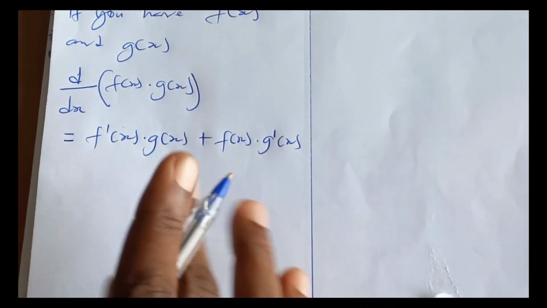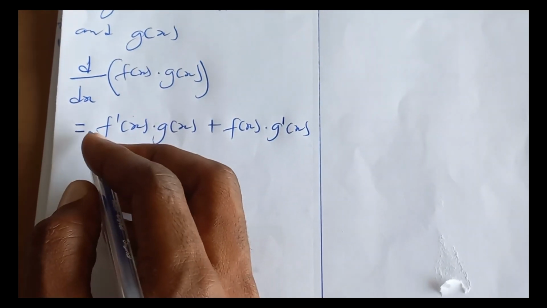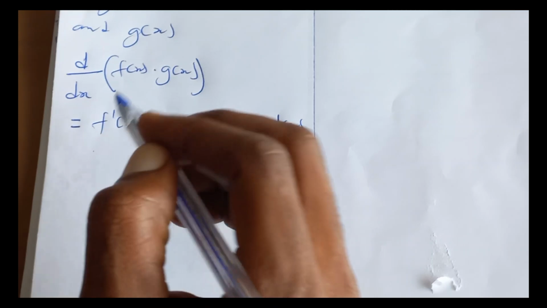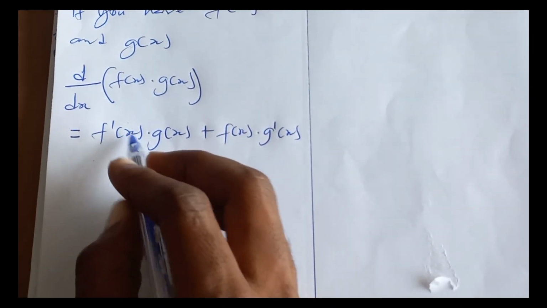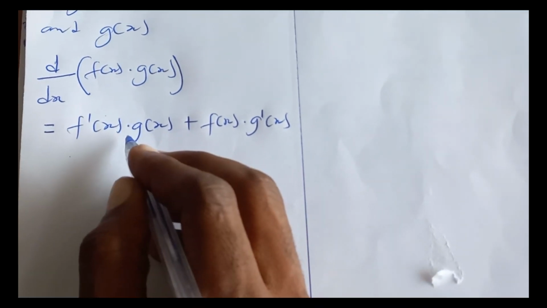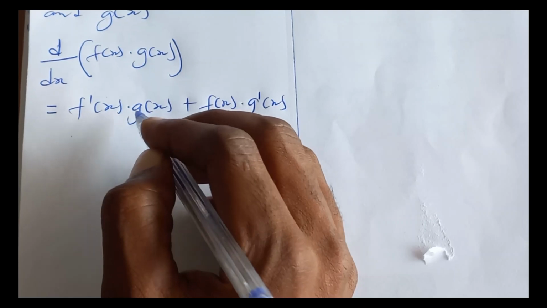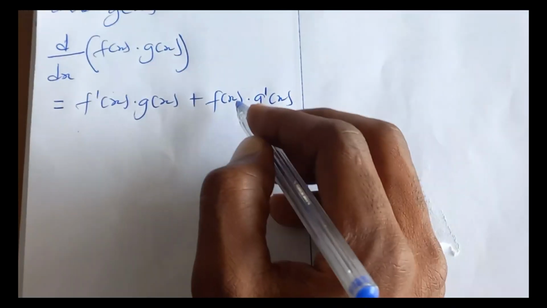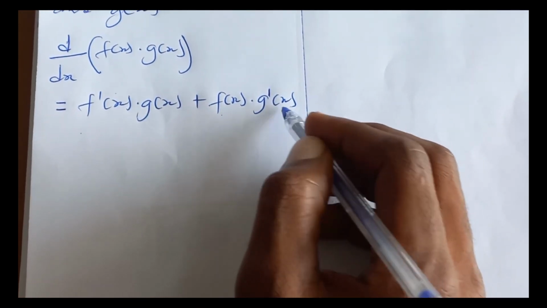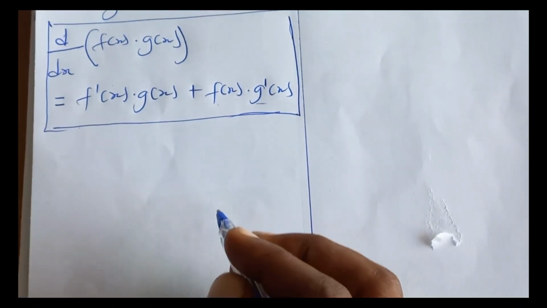We can say that the derivative of f of x multiplied by g of x is equal to, we find the derivative of the first function, then we multiply it by the second function, which you haven't differentiated, plus you hold the first function, then you differentiate the second function. This is what we call the product rule.